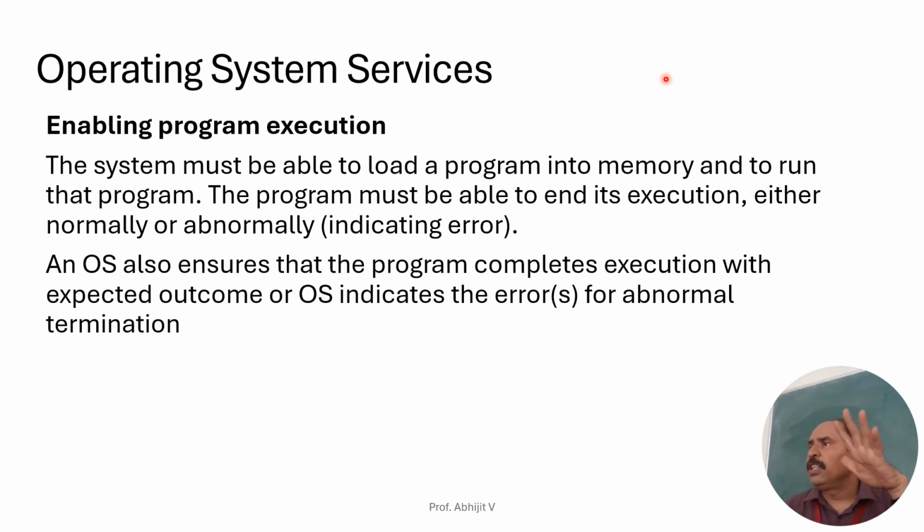We have built-in softwares, purchased softwares, and softwares that we make by ourselves. So another important service is enabling program execution. The first one, I'll repeat again, is providing user interface. The second one is enabling program execution.